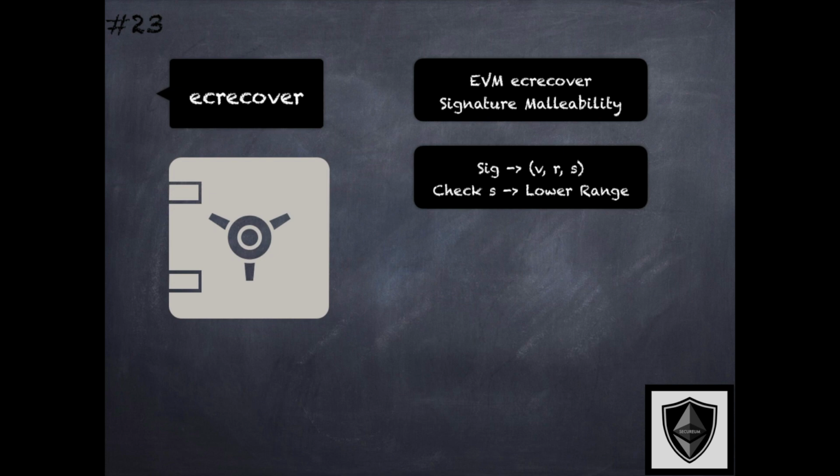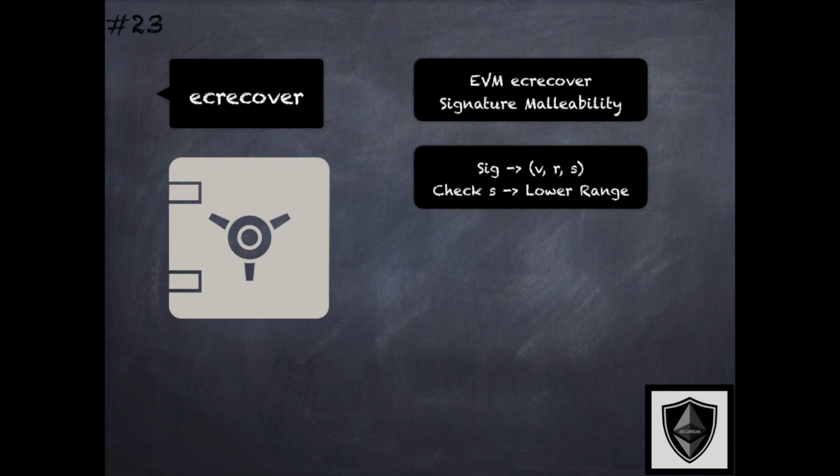And the ecrecover function takes in a message hash and the signature associated with that message hash and returns the Ethereum address that corresponds to the private key that was used to create that signature.